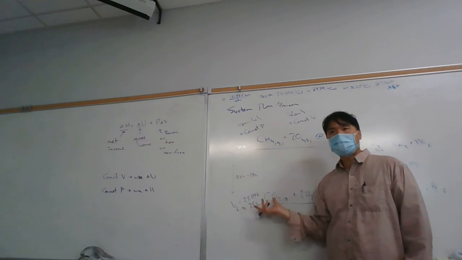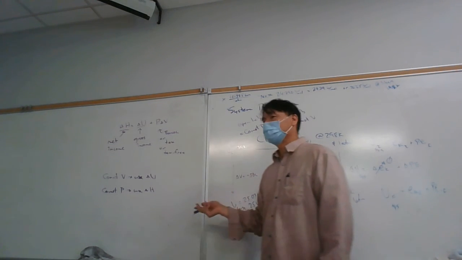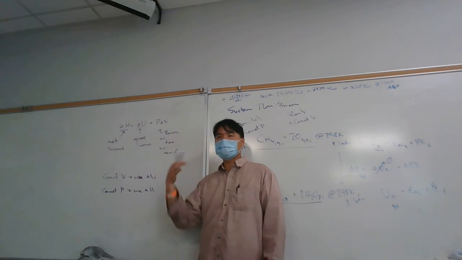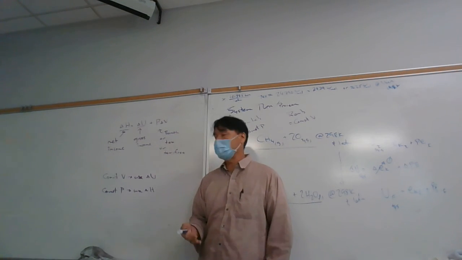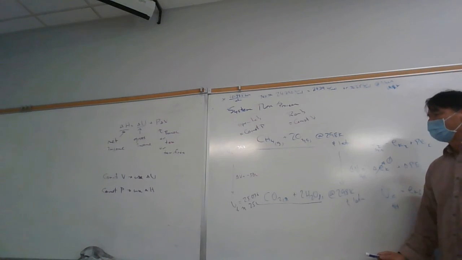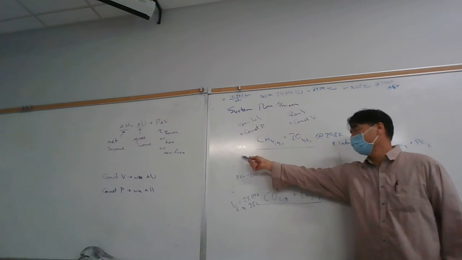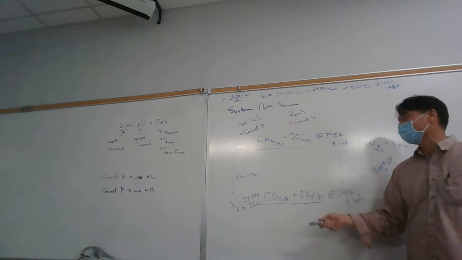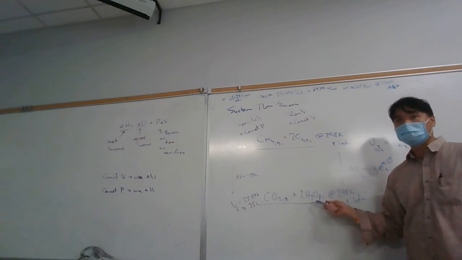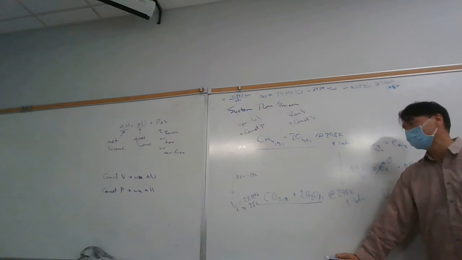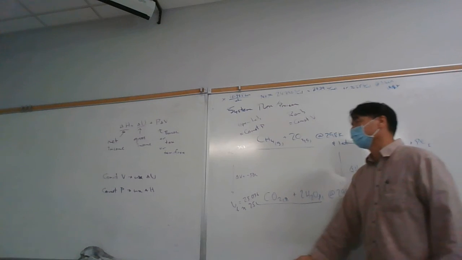What I'm getting from a bomb calorimeter is delta U. So I'm going to have to do an extra calculation to figure out what delta H is. If I know the delta U for this reaction, I have to figure out, if I did this under constant pressure, what would the volume have changed, then calculate how much work is involved in that volume change, and correct it.